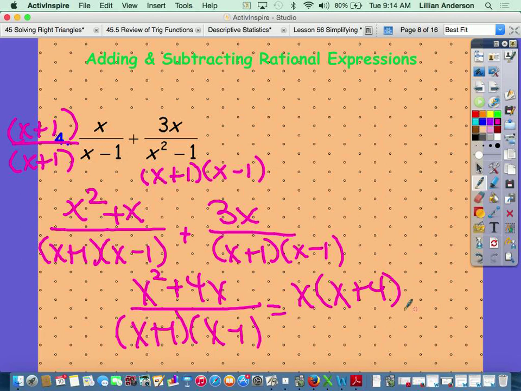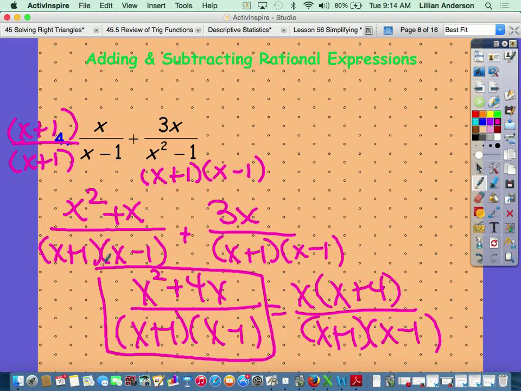The x plus 4. The bottom still stays x plus 1, x minus 1. Could I cancel anything? No? So either this one here or this one here would be acceptable. Okay? But at least leaving the bottom factored, you can see if anything were to cancel out. Alright?